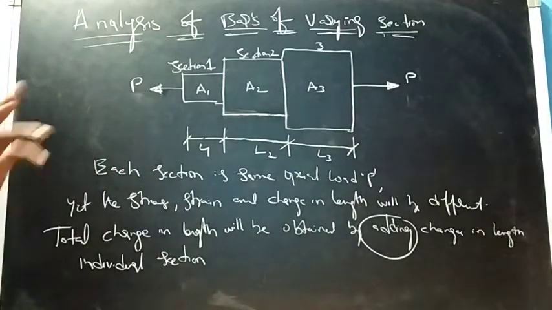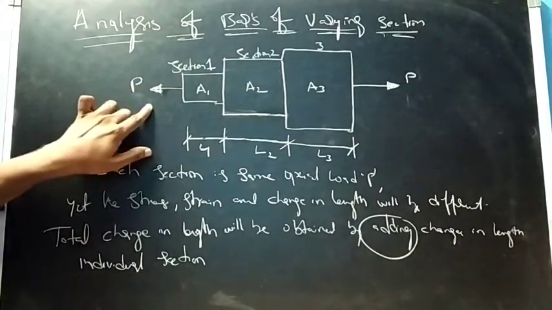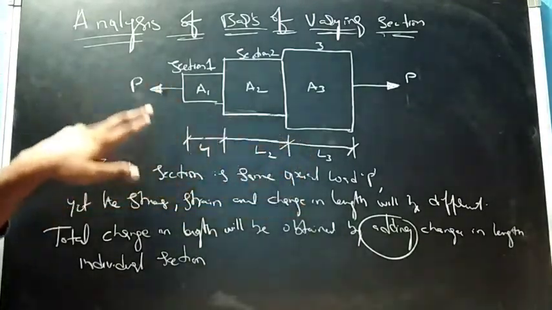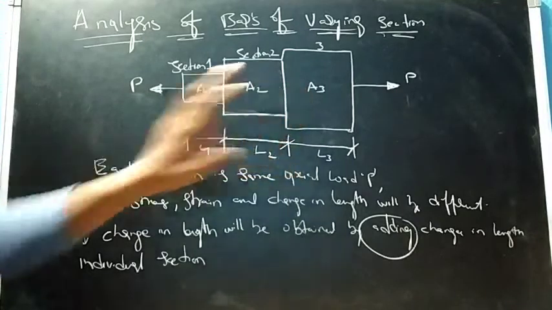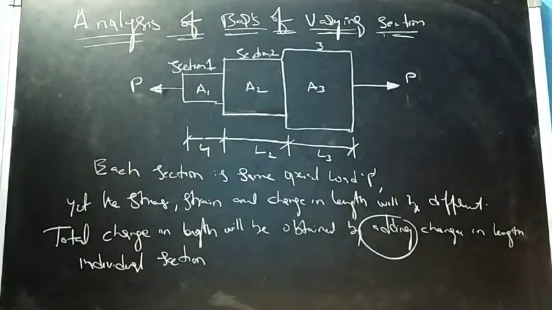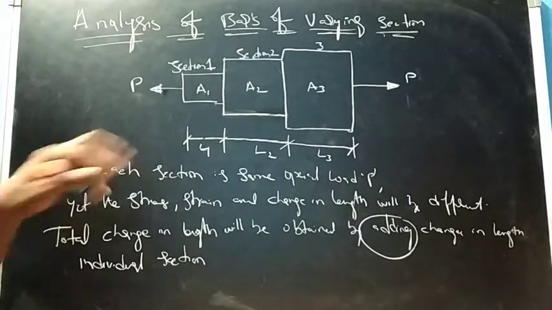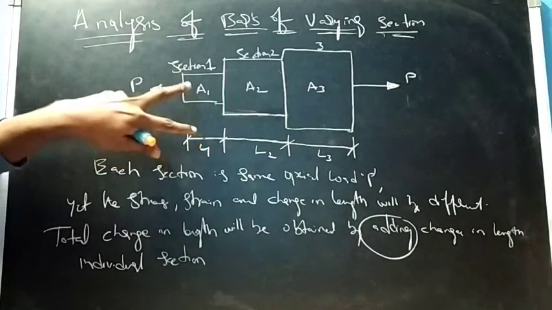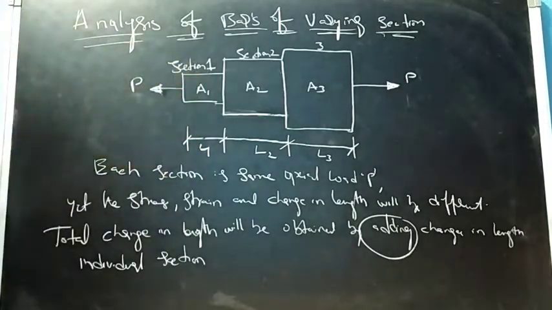So once again I will repeat here, P is a load, axial load, and L1, L2, L3 are the lengths, and A1, A2, A3 are the areas. So E will be the Young's modulus, right? So here A1 and L1 will be the length and cross section.